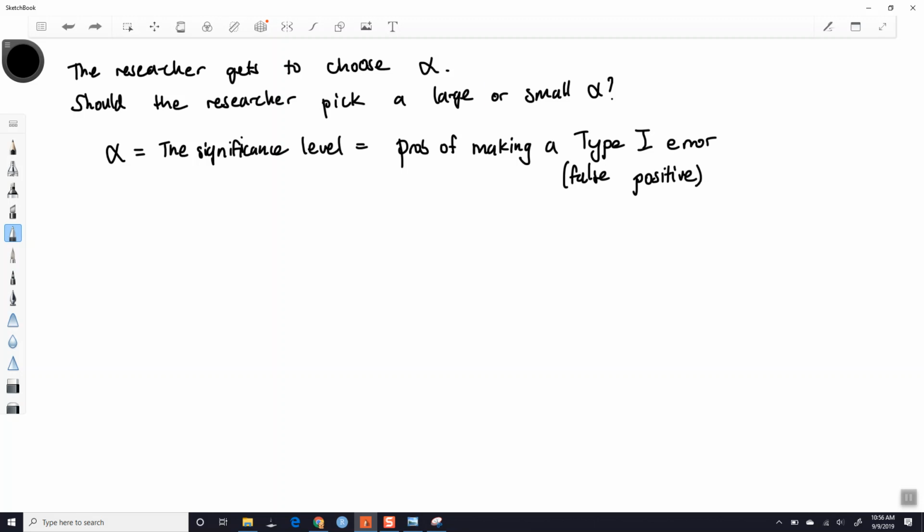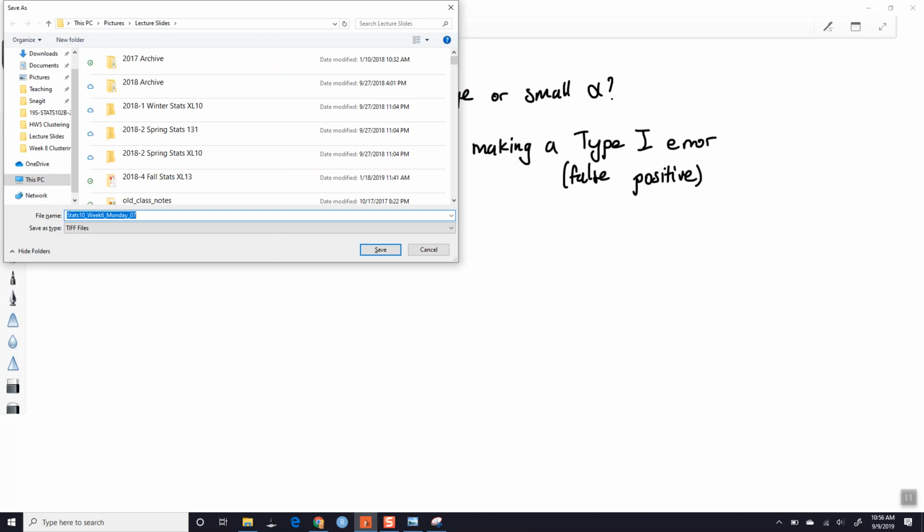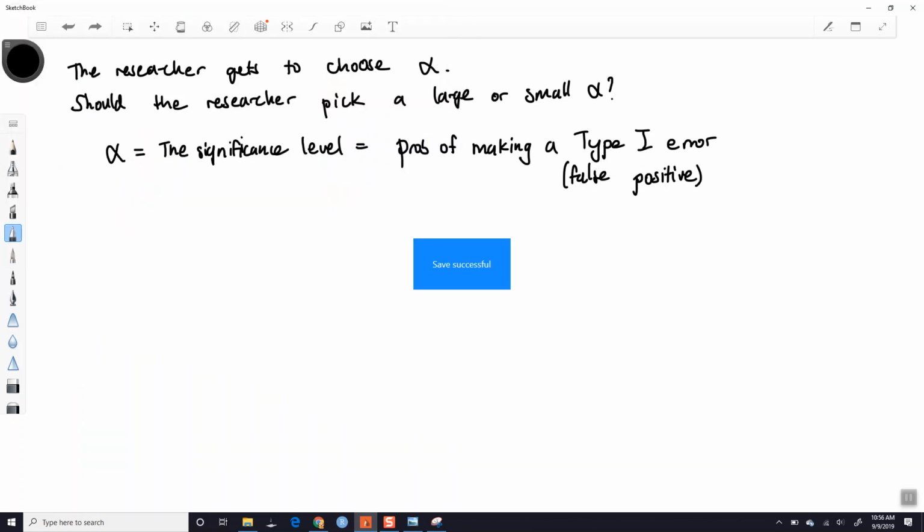Okay, it turned out, when hypothesis tests were being developed, in the early 1900s, like the 1920s, Fisher and these other people working on it realized that there are two types of mistakes they can make, two types of errors.